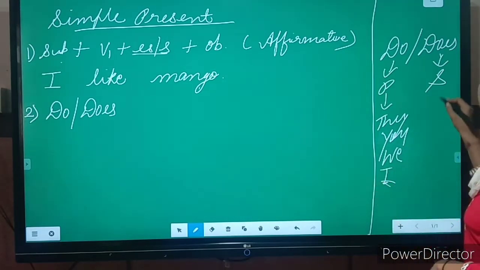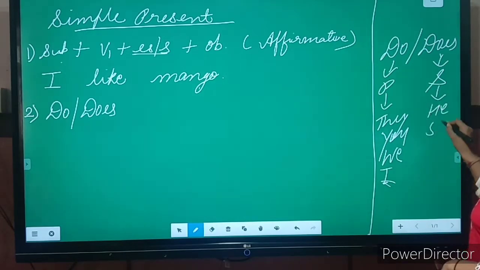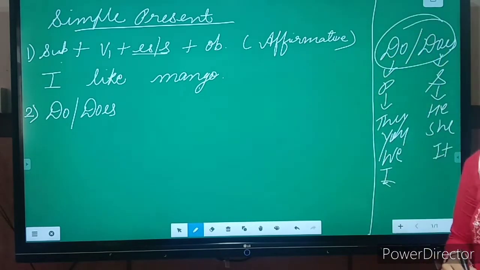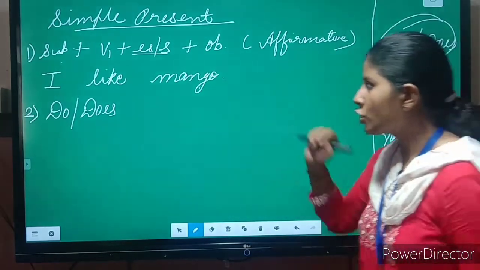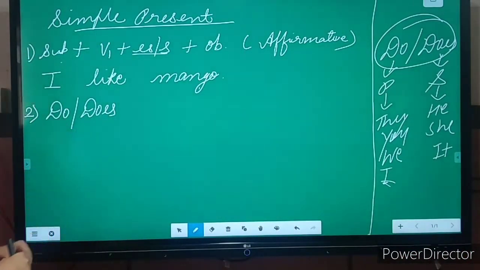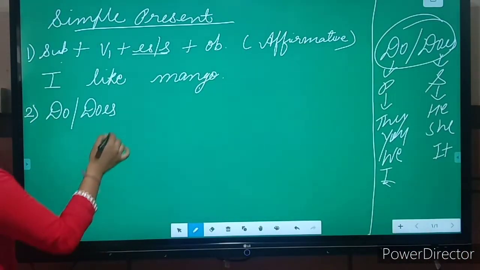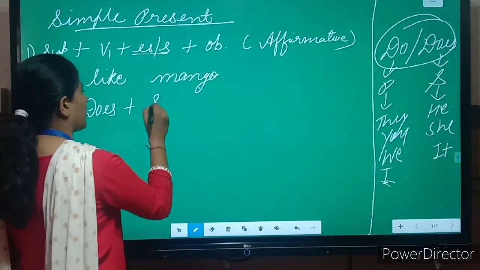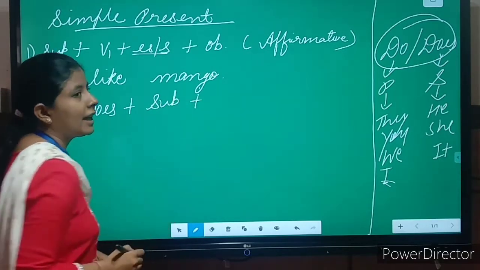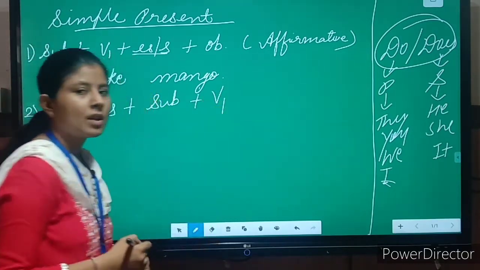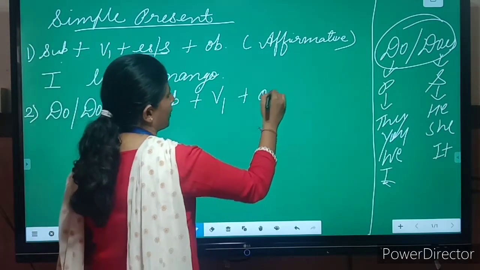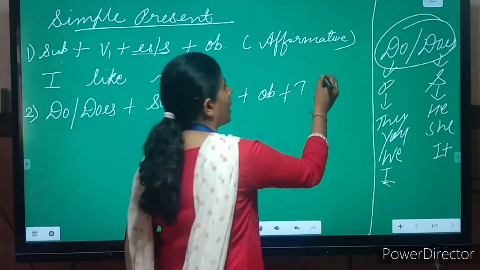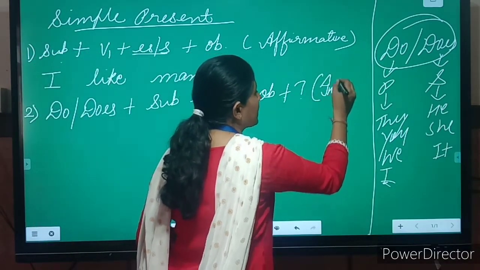And next is singular, like he, she, it. Clear? So to make it interrogative, you will first use do or does, depending on the subject, and then you will use the subject. Then you will use the verb's first form only, and then you will use the object and a question mark. This is the structure of an interrogative sentence.